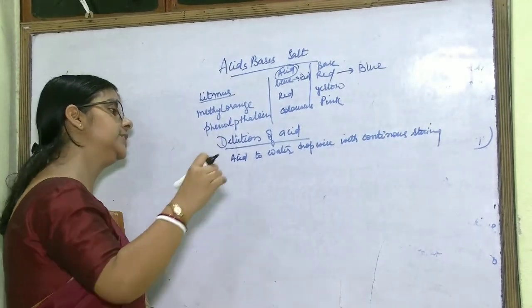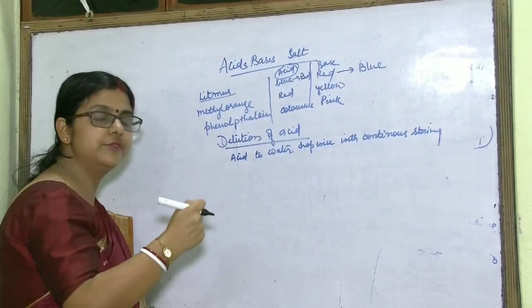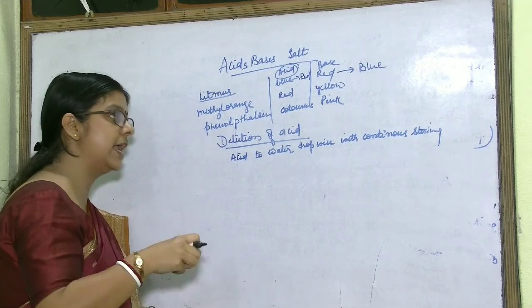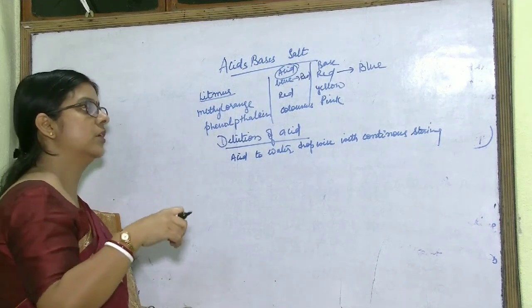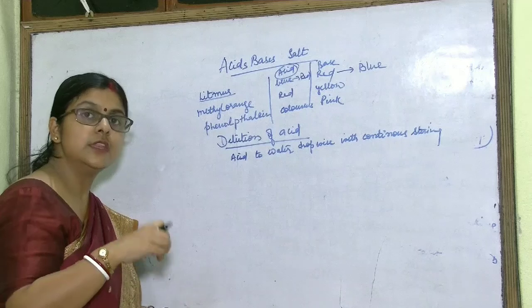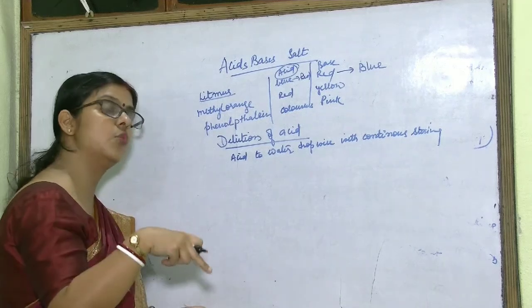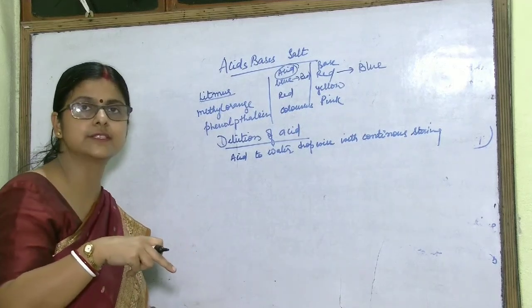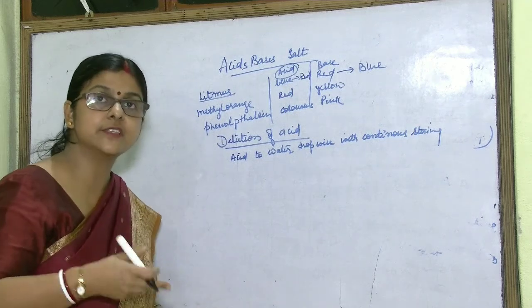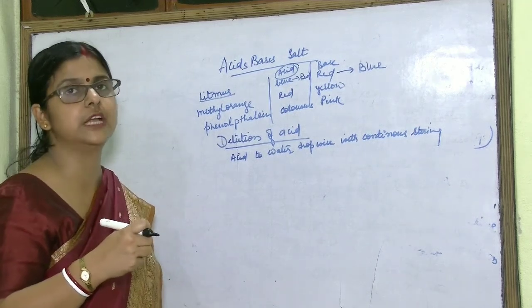Continuously we stir that water and you will add acid to water drop-wise. Never add water to acid to dilute the acid. What will happen? It is a very important question of standard 10.